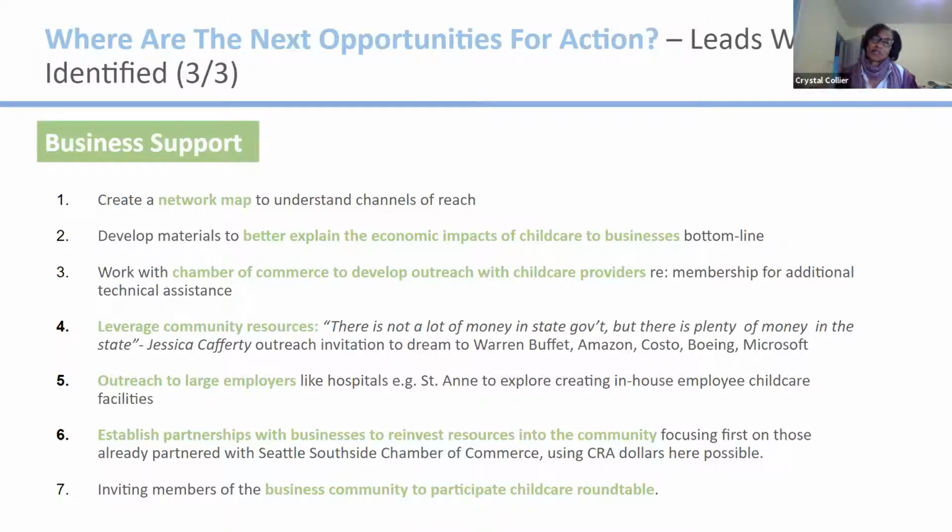I know that there's some issue with Microsoft currently in terms of some personal things, but still, they're an opportunity to reach out. The other piece is how you do outreach to larger employers, like St. Anne's Hospital, thinking about where you get a critical mass of people who reside in Burien and where they're working, and how you move childcare in a way that's convenient and works for them. And just thinking about established partnerships.